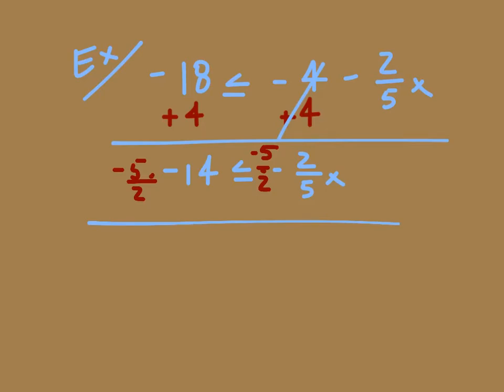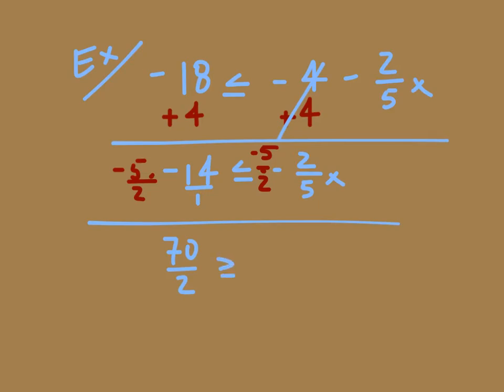I'm going to put this negative 14 over 1. And so negative 5 times negative 14 gives us positive 70. 2 times 1 just gives us 2. I'm going to flip my inequality symbol because I multiplied both sides by a negative number. So from here, I'm going to reverse that.